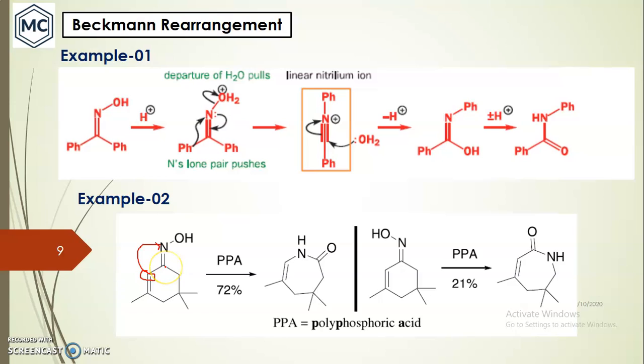And this carbon is forming a double bond with O here. Okay. And here, the alkyl group opposite to this hydroxyl group gets migrated. Whereas in the second case, this is another isomer, this carbon is migrating. The trans alkyl group is migrating here.